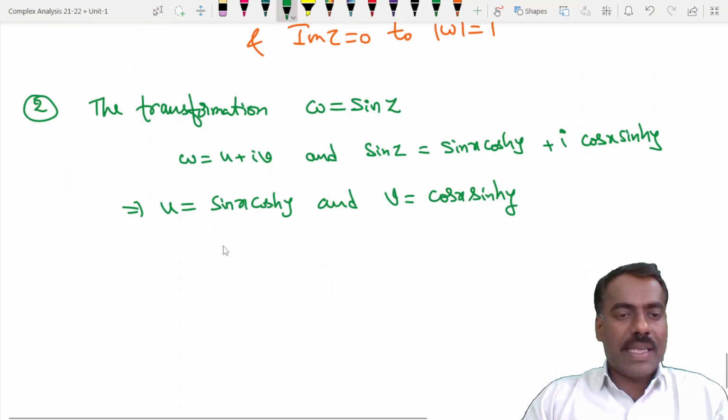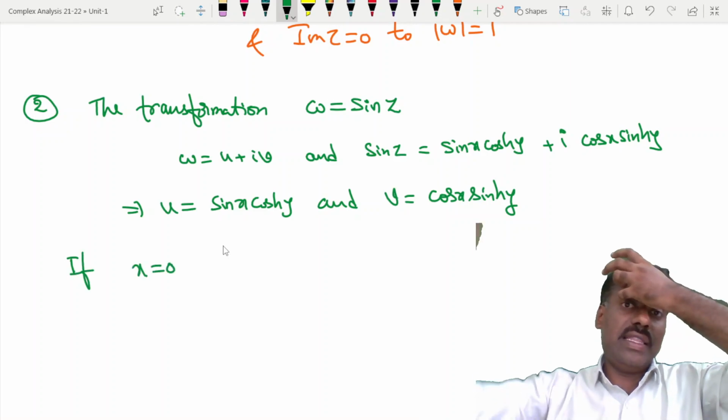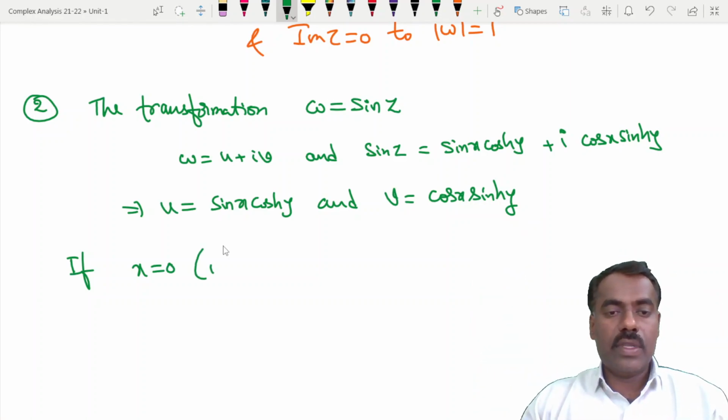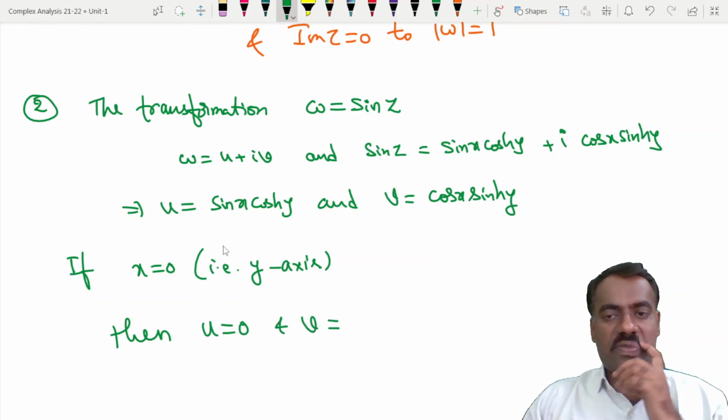For example, quickly, suppose x is equal to 0, that means we are taking the y axis. Then obviously u is 0 because sin 0 is 0, and v is, since cos x is 1, simply sinh y.